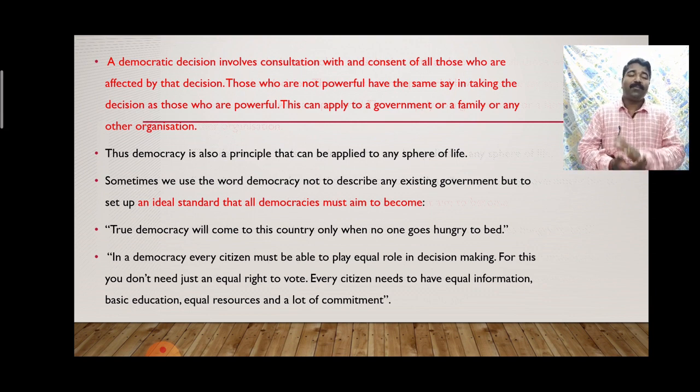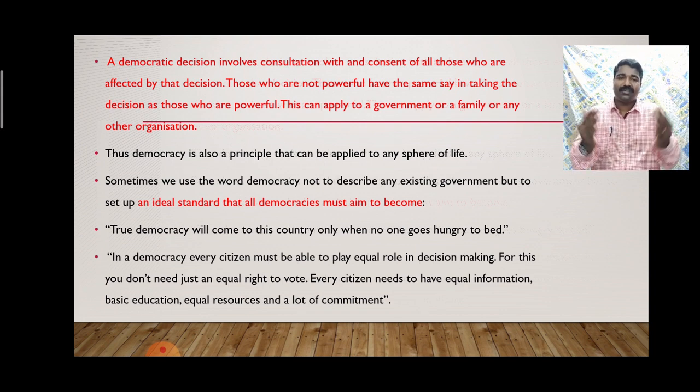This is a very important ideal. Any democracy can wish for this or aim for this ideal. Everyone in the country should come to be equal with information, with education, with other facilities.